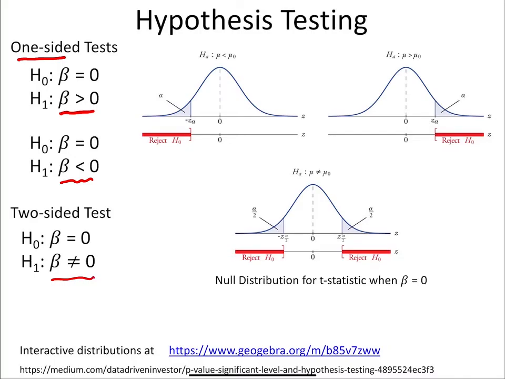In all of those cases, you're always going to be looking at the null distribution, which is the distribution of the t-statistic under the assumption that beta is equal to 0. If beta was equal to 0, there's always going to be some probability of seeing a value by chance.